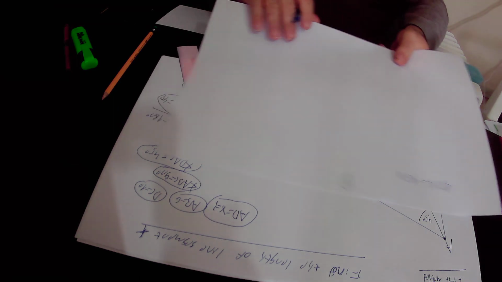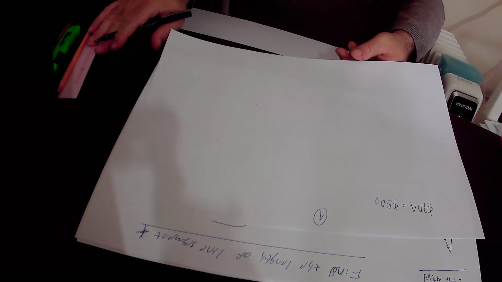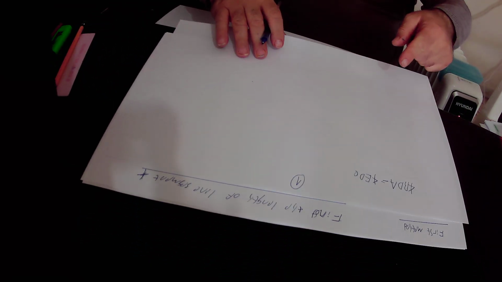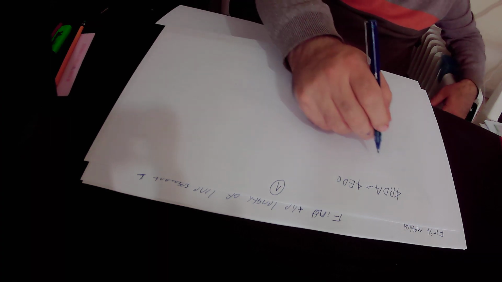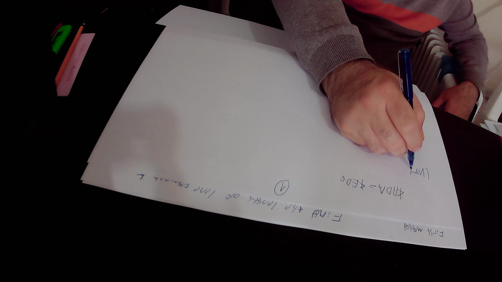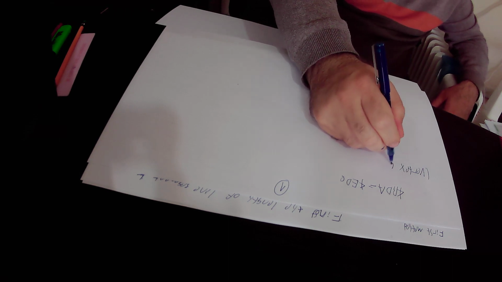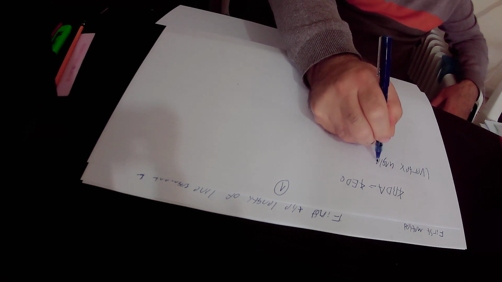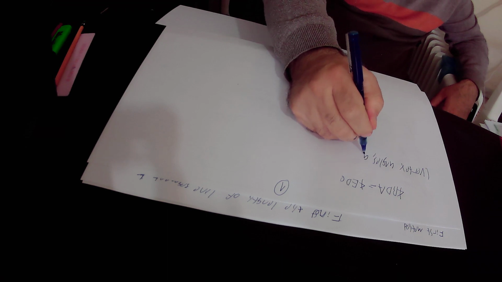I'll repeat again: angle BDA equals angle EDC according to the rule that vertex angles are equal to each other.